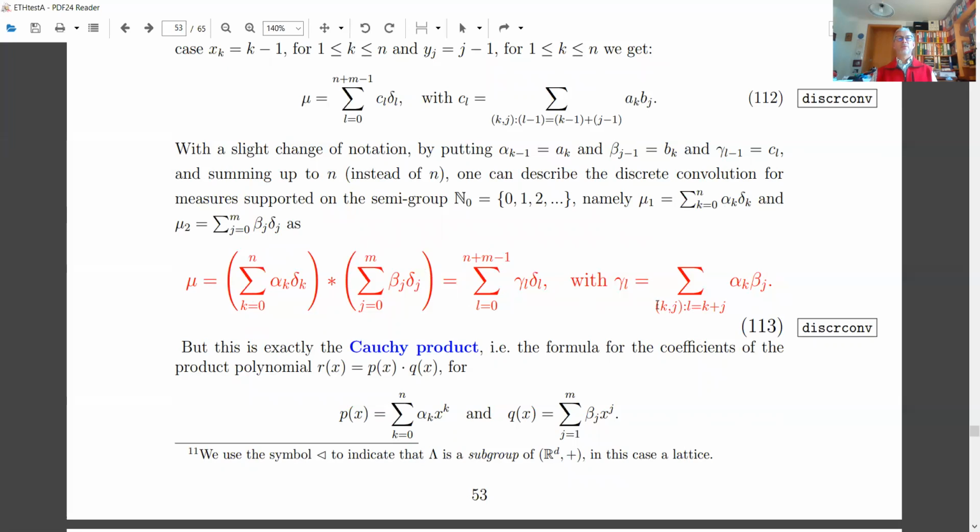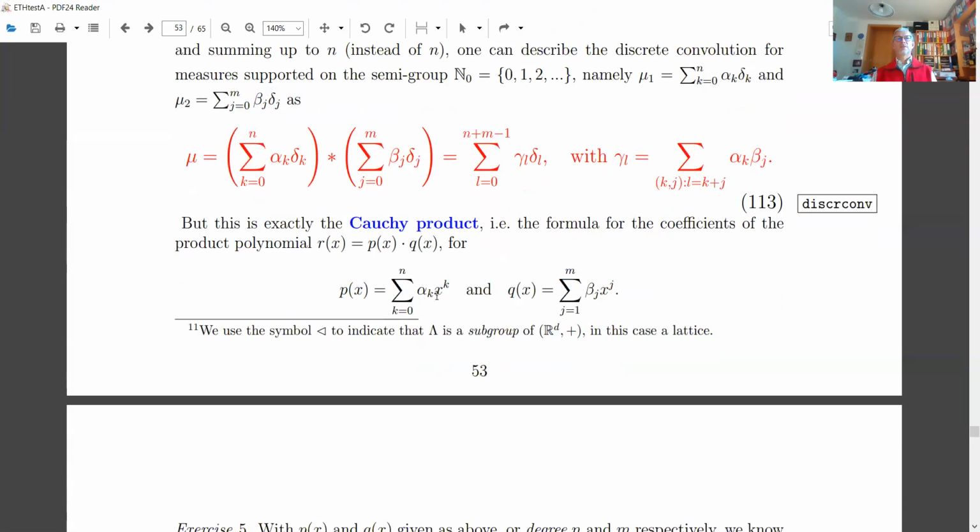Now, I put this in red and I mark this result in a clear way because this is exactly the Cauchy product of two polynomials. If somebody gives you in a standard mathematical description a polynomial of degree n, the potentially biggest coefficients appear with k equal to n, so you have a sequence of n plus 1 coefficients, so the order is n plus 1. The degree, if the largest coefficient is non-zero, will be n.